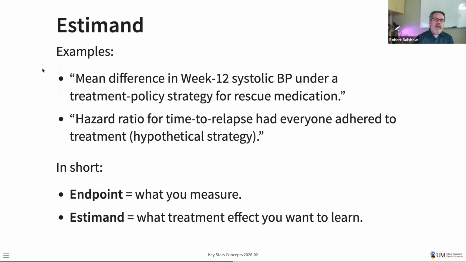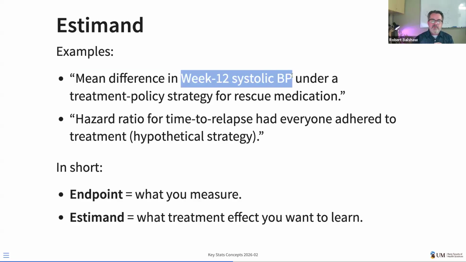So the estimand might be, for example, a mean difference in the week 12 systolic blood pressure under a treatment policy strategy for rescue medication. The treatment policy has a lot to do with how we're going to handle things like the patient stopping their meds or switching their meds. The mean difference is the statistic that will be calculated to make the comparison of the endpoint that we've measured.